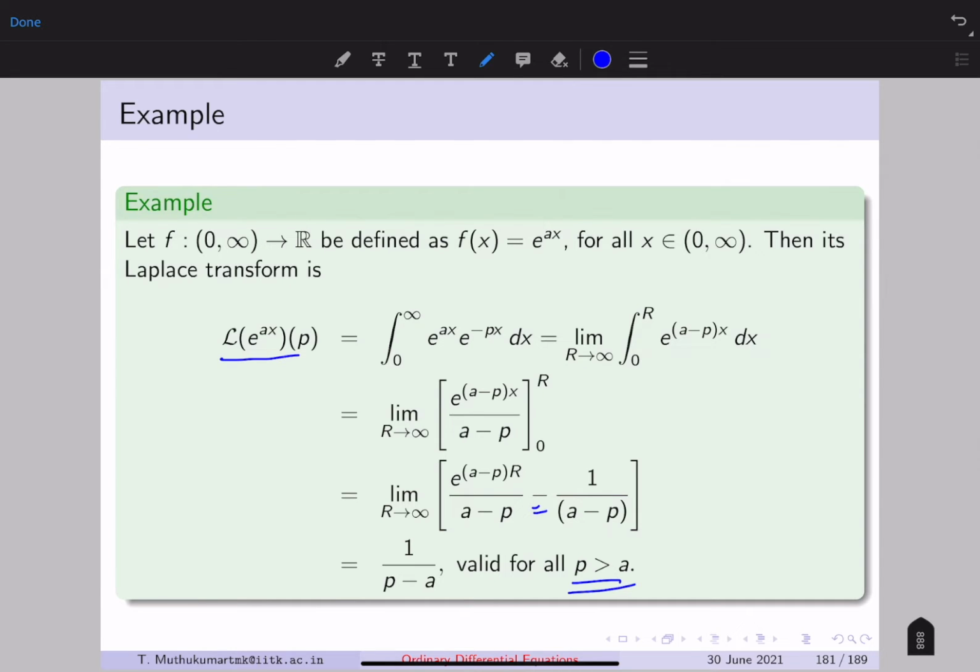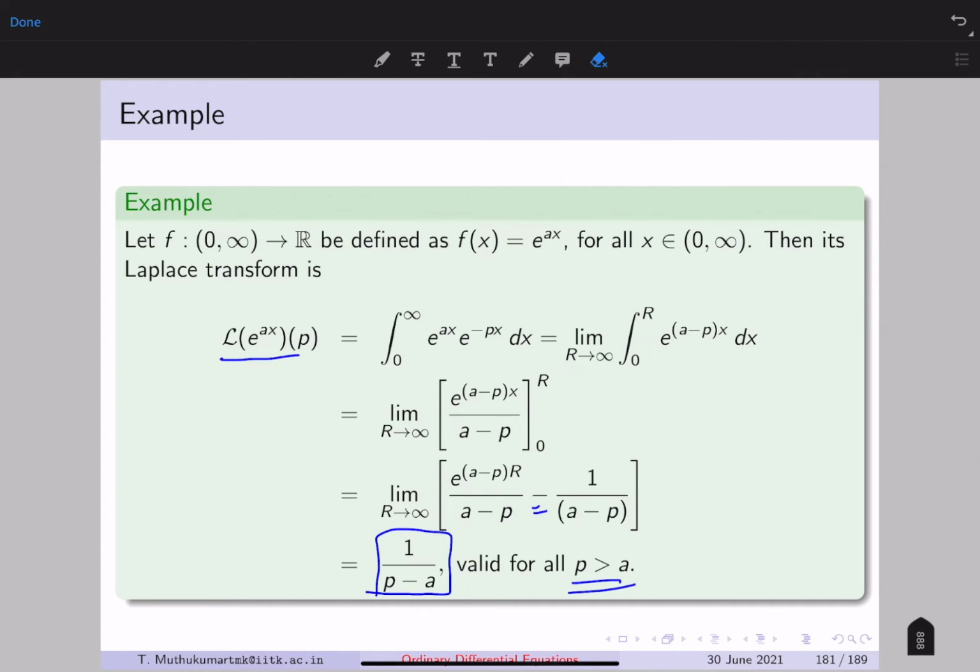It is just 1 over p minus a. So that is the Laplace transform of exponential of a power x.